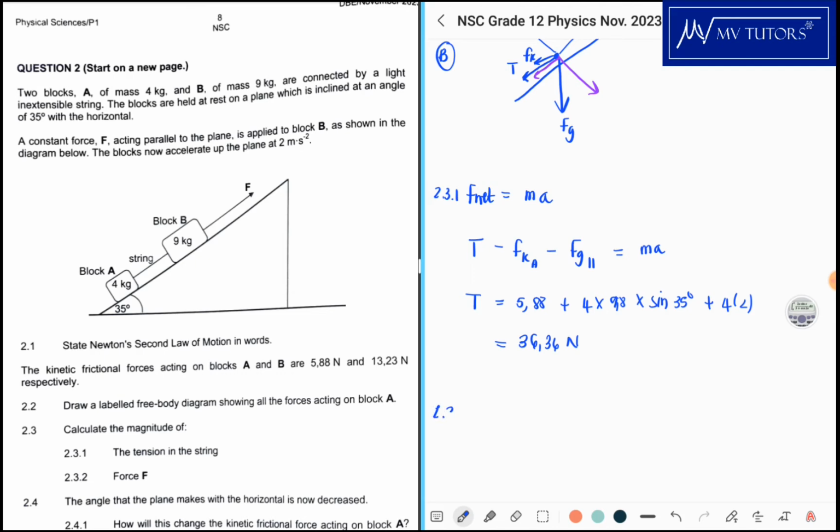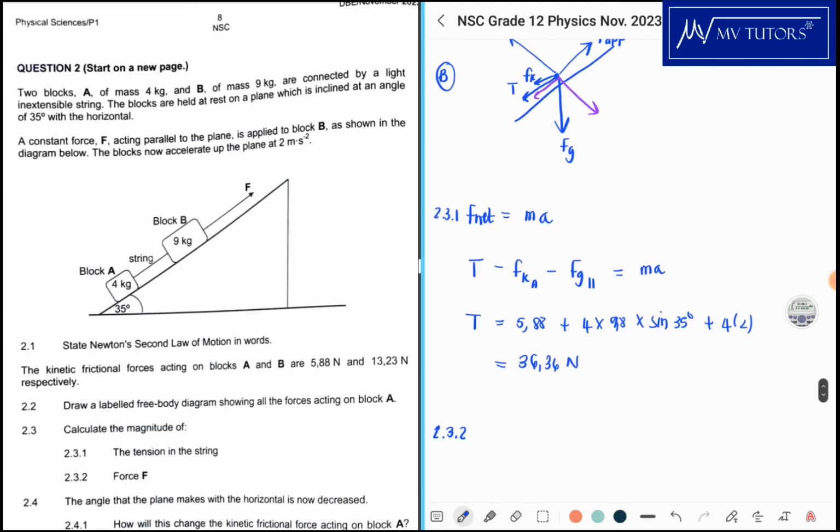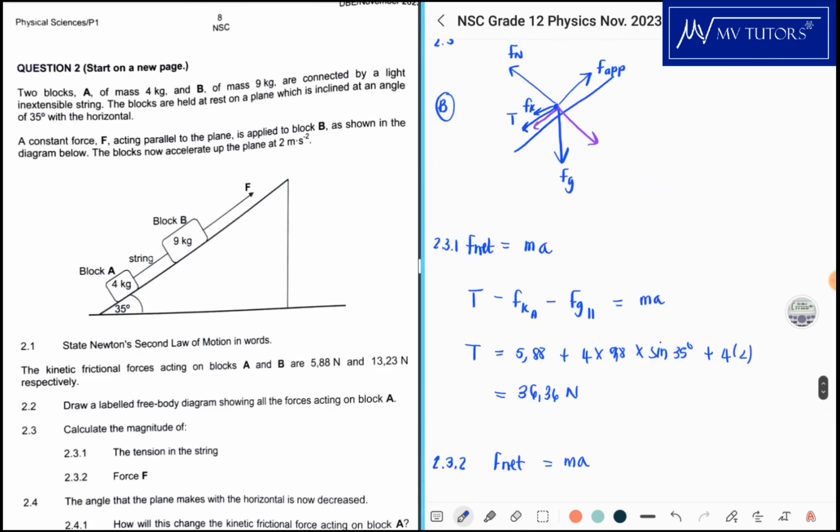Okay, great. So that was 2.3.1. Now 2.3.2. So now it says calculate the force F. Okay, for that I'm going to need block B. That's why I was saying please just draw for yourself so that you can easily refer to it. Okay, so now for block B, I'm also going to use the net force, which is equal to mass times acceleration. So what is the net force? Looking over here, we have the force applied, right?